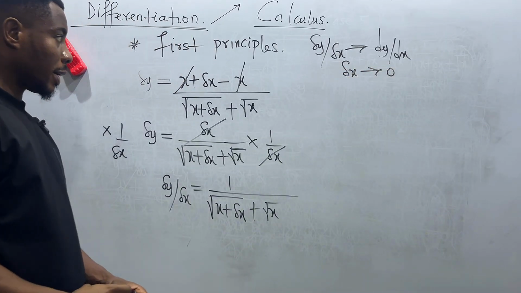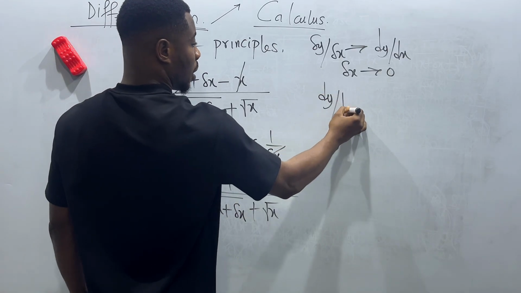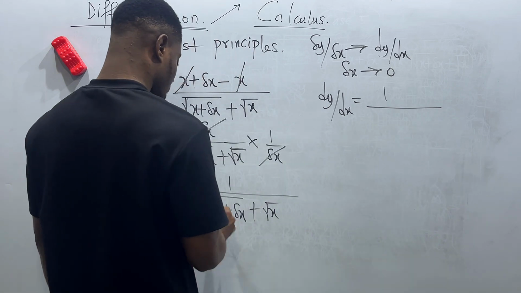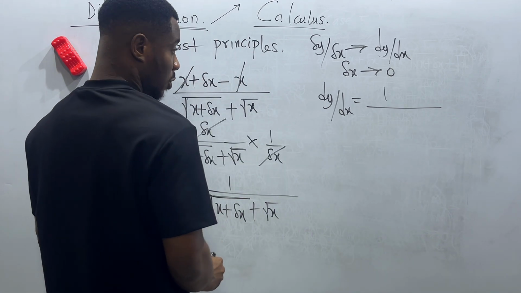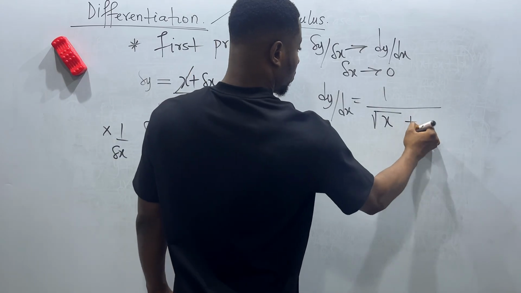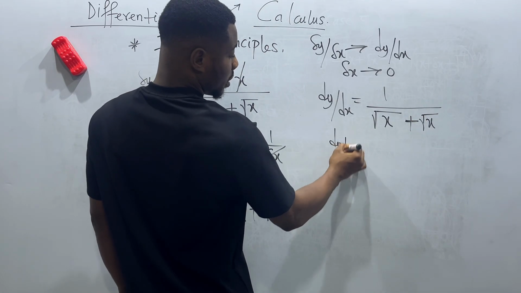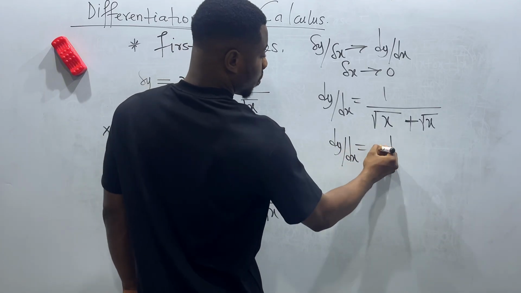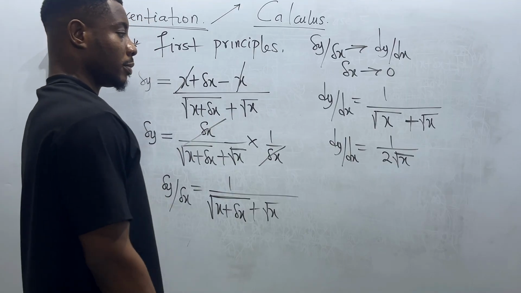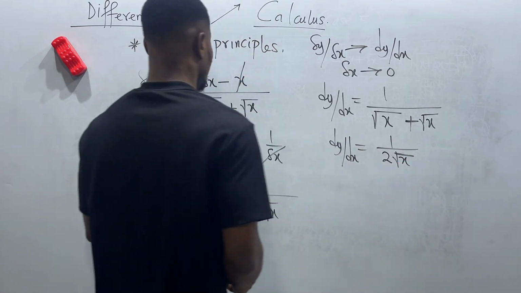So at this point, you can say dy over dx is equal to 1 divided by, where I see change in x, I'll put 0. So it becomes square root of x plus square root of x. So what we have is dy over dx is equal to 1 divided by 2 square root of x. Okay, this is it. So this is our answer.